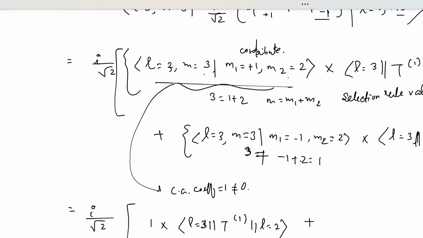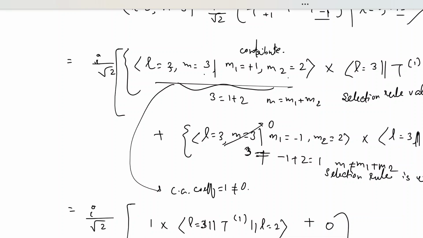So this is not equal. So m not equal to m1 plus m2, that means the selection rule is violated here. So this will not contribute. This will give rise to 0 value. You cannot take this value. This value will go to 0. So only you are left with i by root over 2 into 1 into this factor.